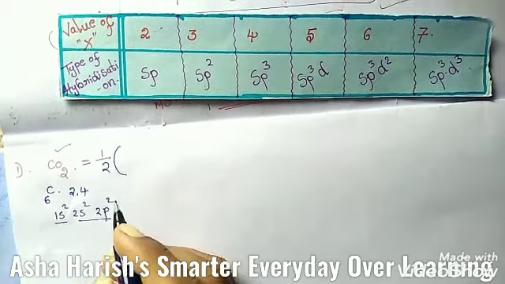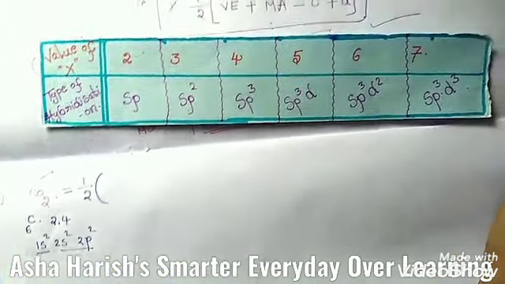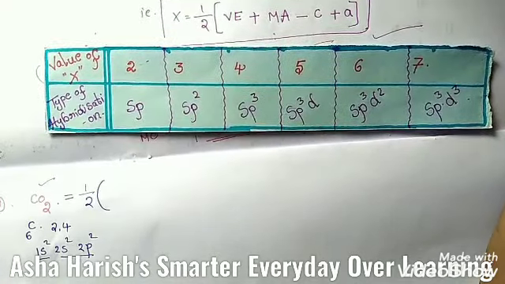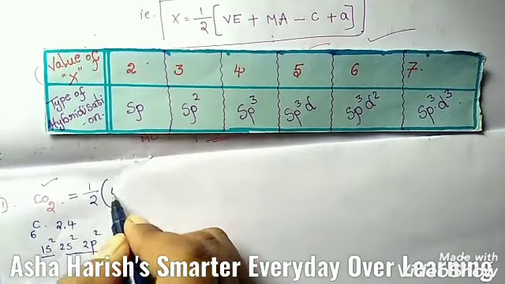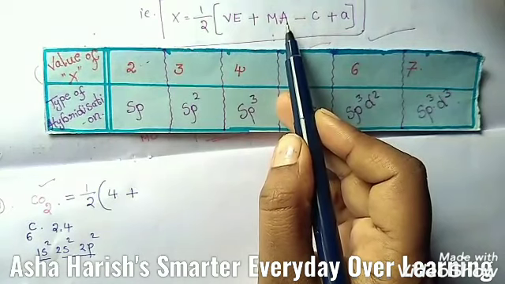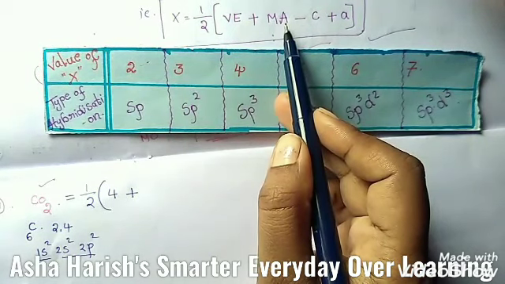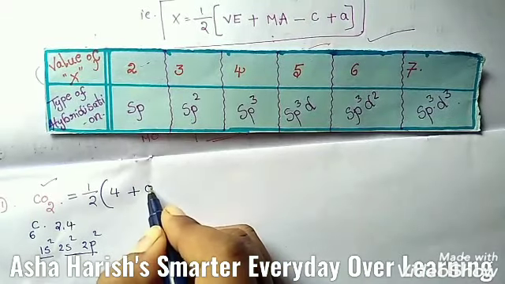Let's see next, half into VE, that means valency electrons. Those are here 4 valency electrons, plus MA. MA, what, students? Number of monovalent atoms. Here MA is equal to 0. Why?